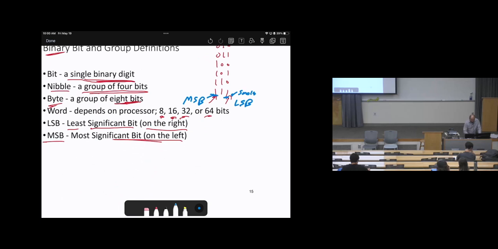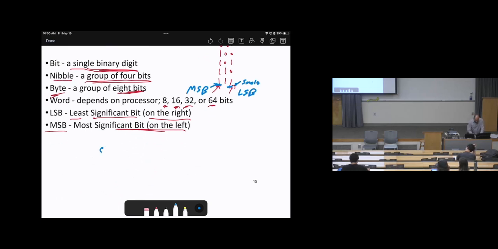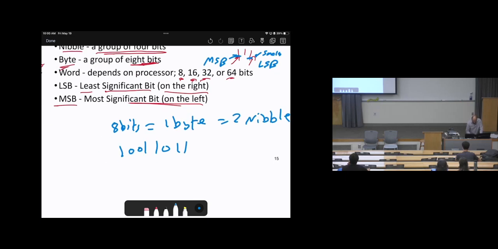So let me assume we have 8 bits, or in other words, these 8 bits are 1 byte or 2 nibbles. And I'm going to assume it like this. So here is 1 0 0 1 1 0 1 1. So we can say that since it's all 8 bits, this is 1 byte. This is 1 nibble, and this is 1 nibble.